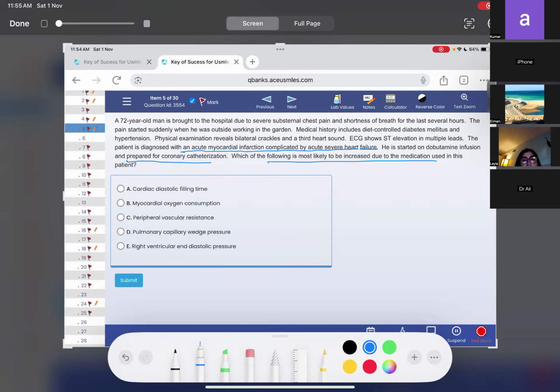So they have given the patient dobutamine. They are asking in the question, what is the mechanism of action of dobutamine? Can anybody tell me that dobutamine will act on which one of the following receptors? Beta 1 receptor, excellent. Also beta 2 as well.